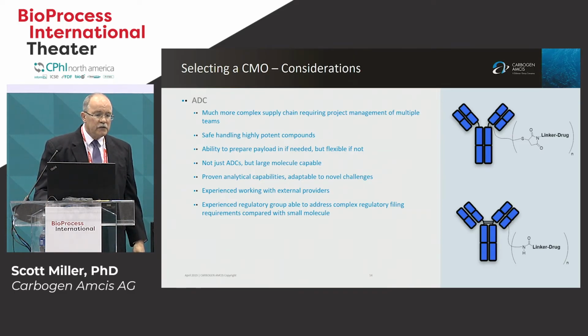Can the company do things other than antibodies, such as synthetic vaccines, analytical capabilities, the ability to work with external providers? In other words, if you have other suppliers that you want to bring into this as a customer, will the CMO work with you on that? It's important. If the CMO requires exclusive supply of all the components, that limits your flexibility.